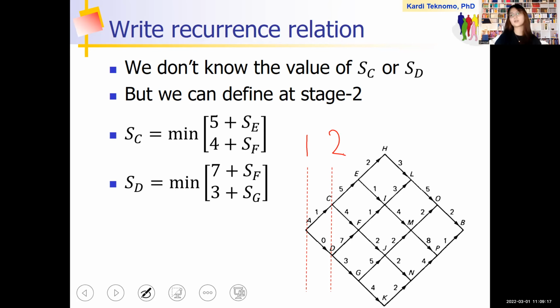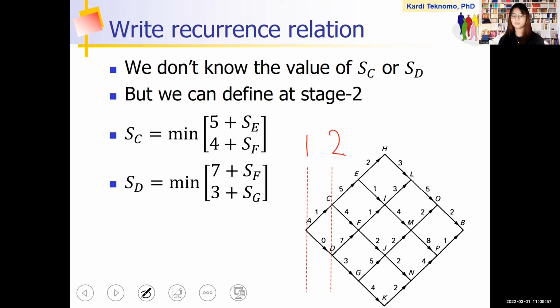We have to choose the minimum between 5 plus SE, or 4 plus SF. So 4 is the weight CF, and then SF. We assume first that this is already optimal. We don't know SF, we don't know SE, but we know that this is already optimal.